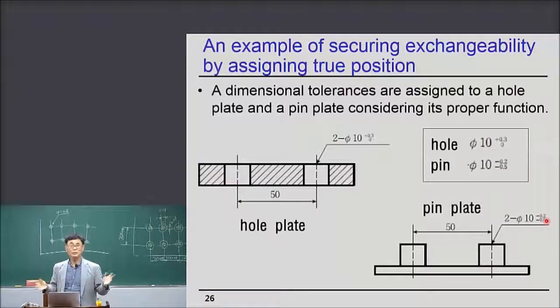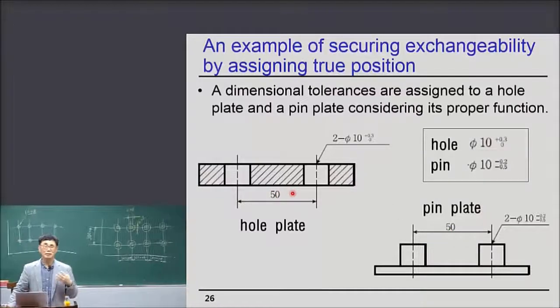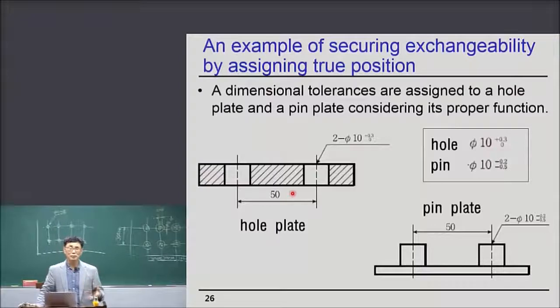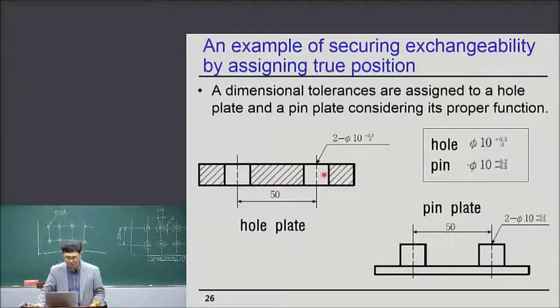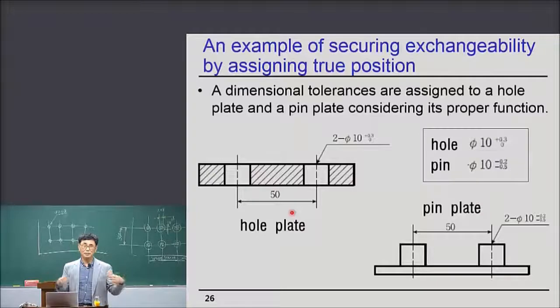My question is the same as on your previous homework. Now, the problem is the 50-50 is assigned as a general tolerance, 50. The problem is 50. Why? What is the size of the MMC hole? Now, if you try to think about interchangeability, the first step is what?